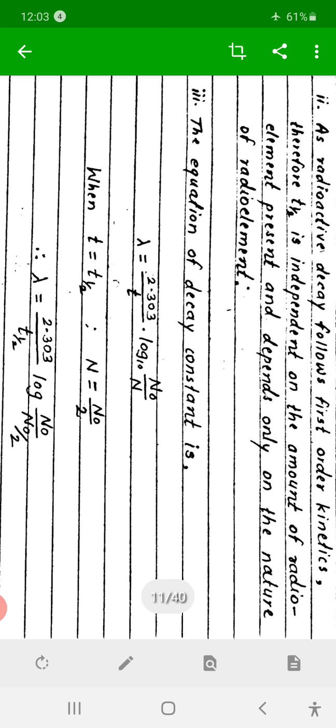Different radio elements have different half-life times. If we consider 1 kg of a specific radioactive element, then to convert that to half, that is half kg, it requires the same time as if we consider the initial amount half kg and convert that into its half, 250 gram.